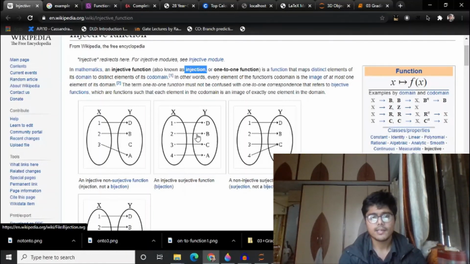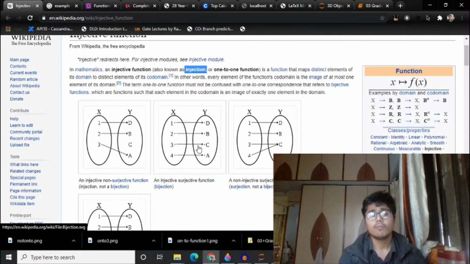Okay, injection, you can see that every element is mapped to a different element. So this 1 is mapped to D, 2 is mapped to B, 3 is mapped to C, 4 is mapped to A. So every element is mapped to a different element, and you won't see a single element that is not an image of an element in the domain. So injective plus surjective, you will get bijective function.